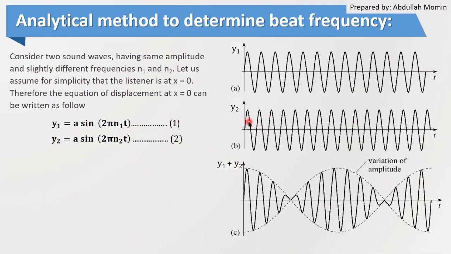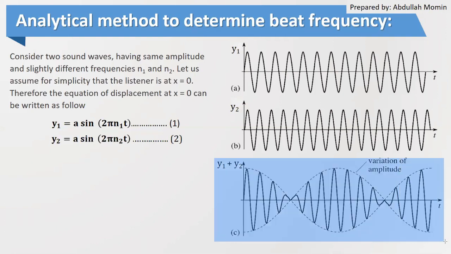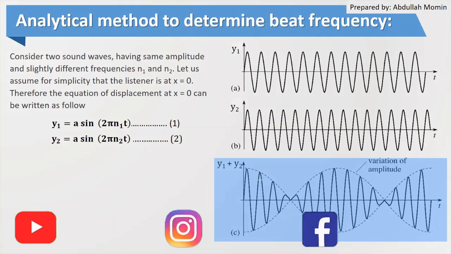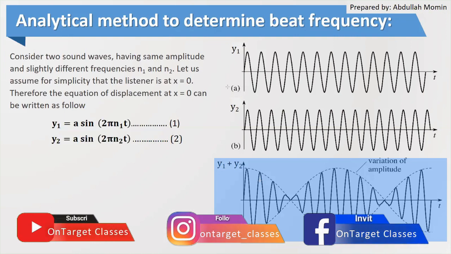After that, the middle wave is second sound wave, and these two sound waves are superimposing with each other, and the third wave is the resultant wave, and we are going to say that this is the wave which produces after superimposing of y1 and y2, that is first and second wave. When these two waves superimpose with each other, they will give rise to third wave.